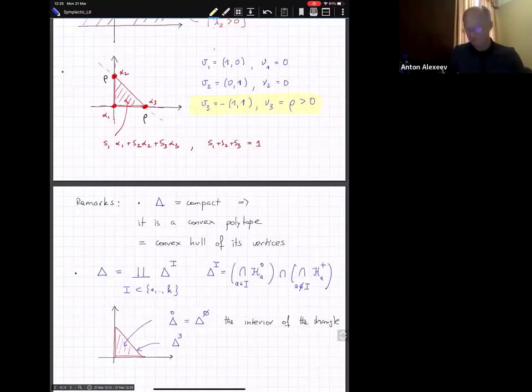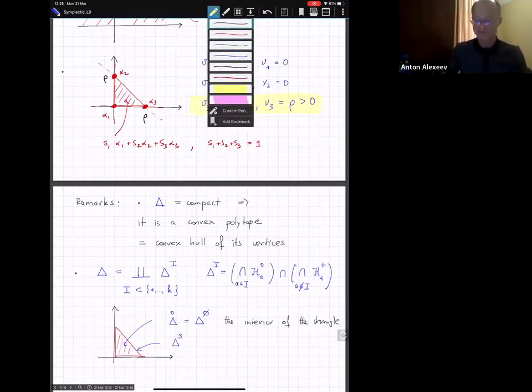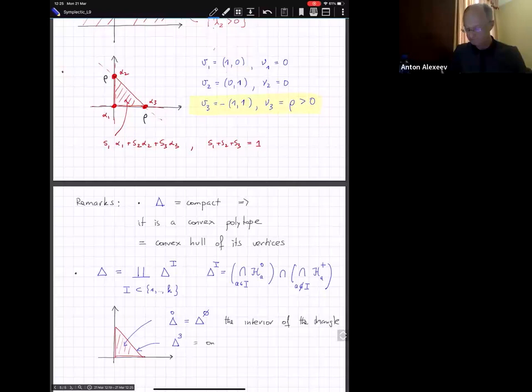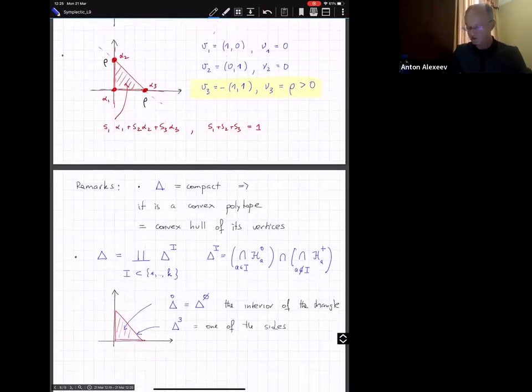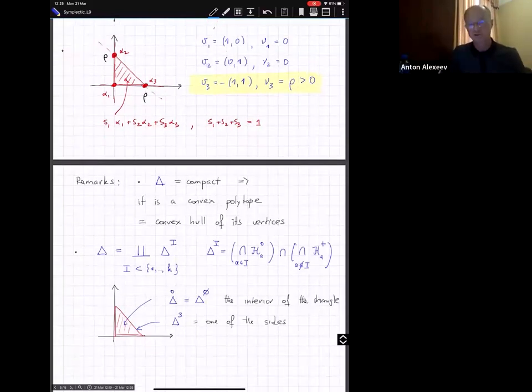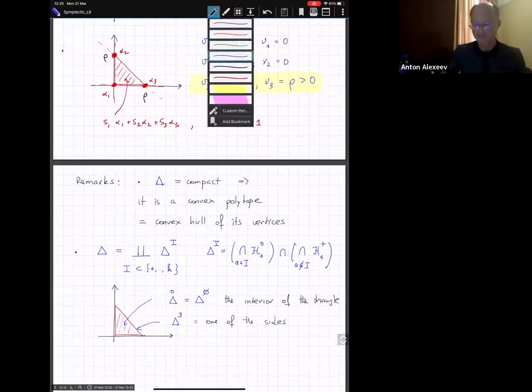That's why we're sitting on that side. So that's one of the sides. The other deltas with just one index will correspond to other sides.